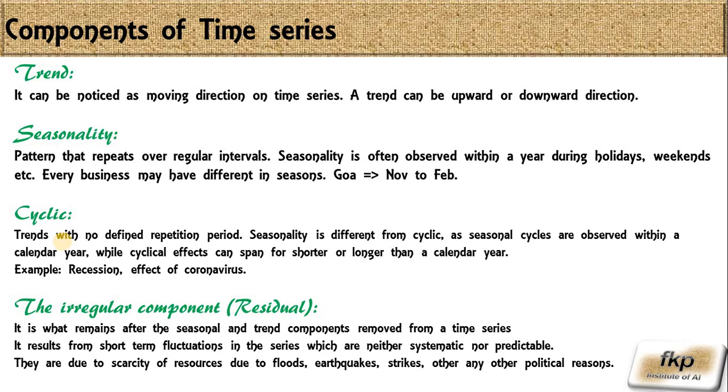This irregular component we can majorly identify due to scarcity of resources, floods, earthquakes, strikes in the area where we are selling our goods, and there may be some other political reasons.